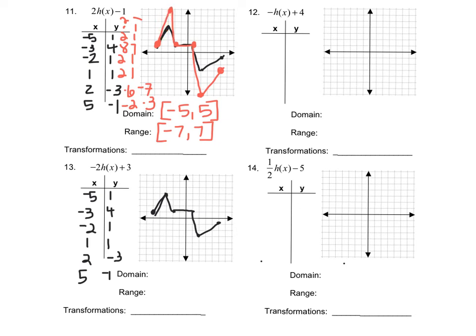Here, I stretched this point up to 2, and then brought it down 1. This one, it looks like I didn't stretch it right here, but I stretched it by multiplying it by 2, bringing it down to -6, and then bringing it down 1 to -7.